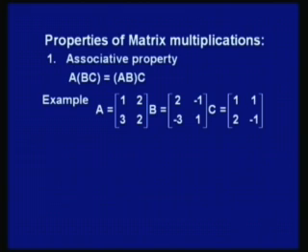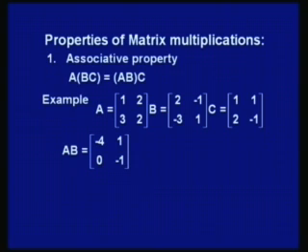If A is this matrix, A is a 2 by 2 matrix, B is also a 2 by 2 matrix, C is this 2 by 2 matrix, then AB will be 1 into 2 and 2 minus 3 is minus 4, 1 into minus 1 and 1 to give me 1. This row is multiplied by this column to give me this, and this row multiplied by this will give me minus 1.